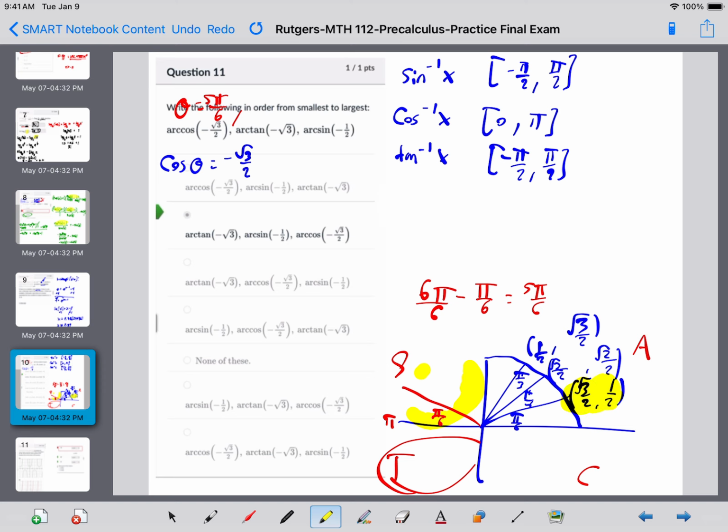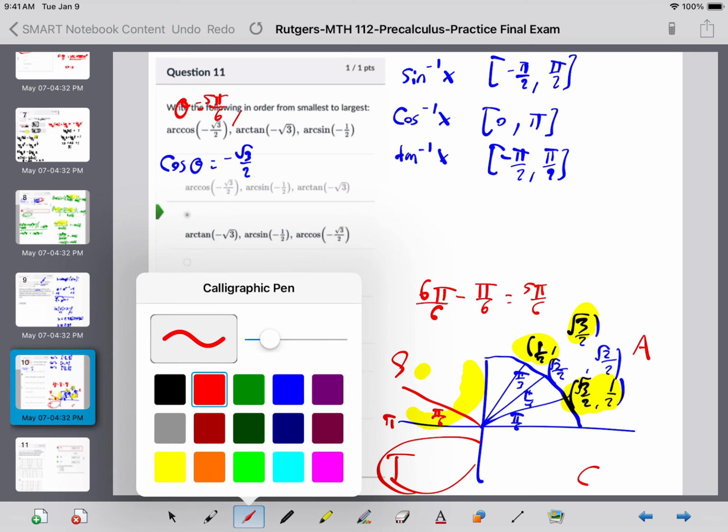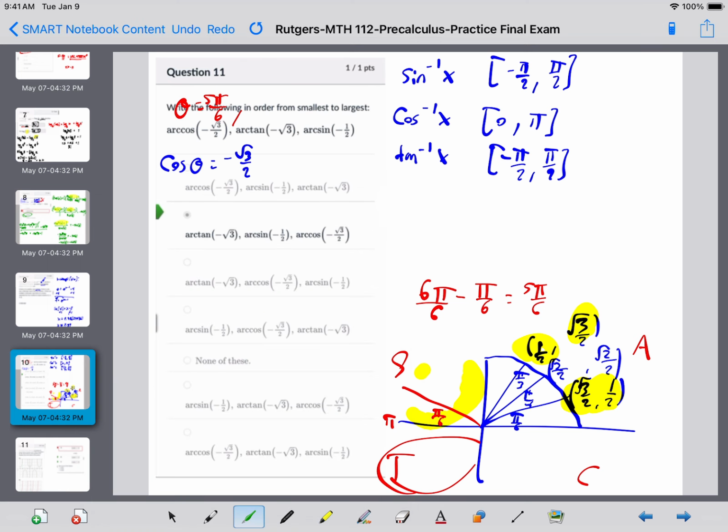So for 60 degrees, I'll show it, but obviously it would be some guess and check work if you don't have it memorized. Radical 3 over 2 divided by 1/2 would be radical 3 over 2 times 2 over 1. 2 cancels out, you get radical 3. So tangent would be radical 3 for pi over 3. But this is a negative.